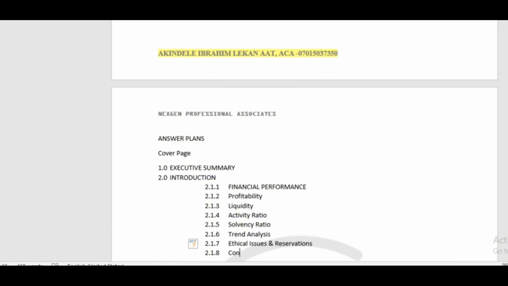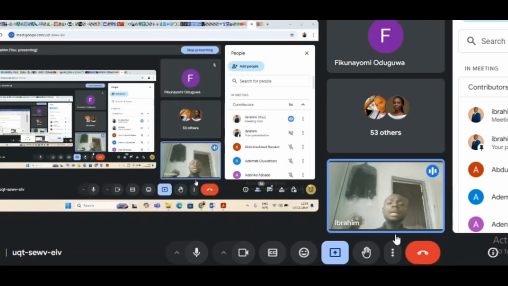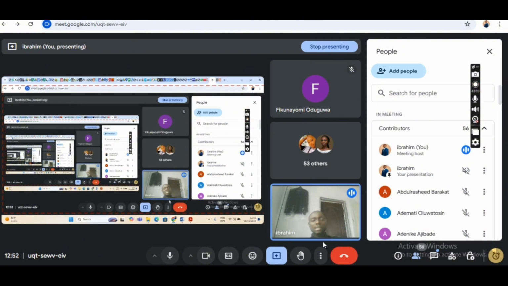When you go to NGX and download the financial statement, or you go to investor relations and download an audited financial statement, you will see the company shareholdings on the financial statement. When the company is listed, its shareholding should be displayed for the general public, to enhance transparency and accountability. So that is an ethical issue there.